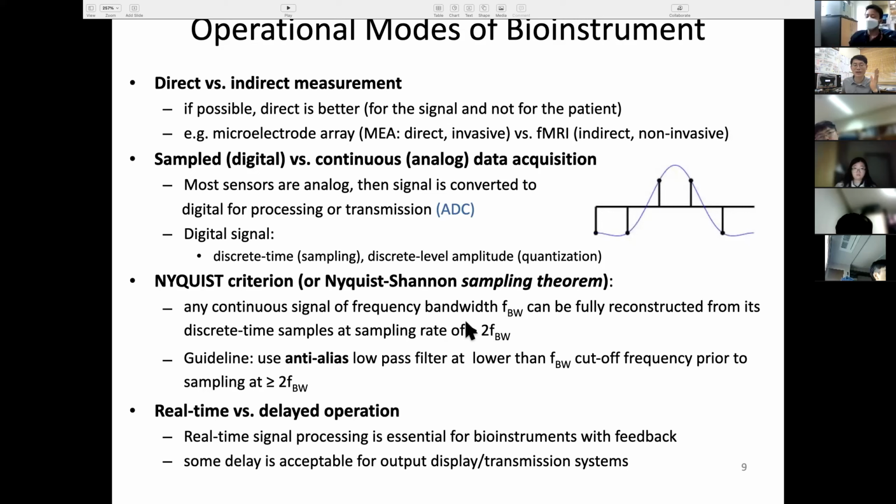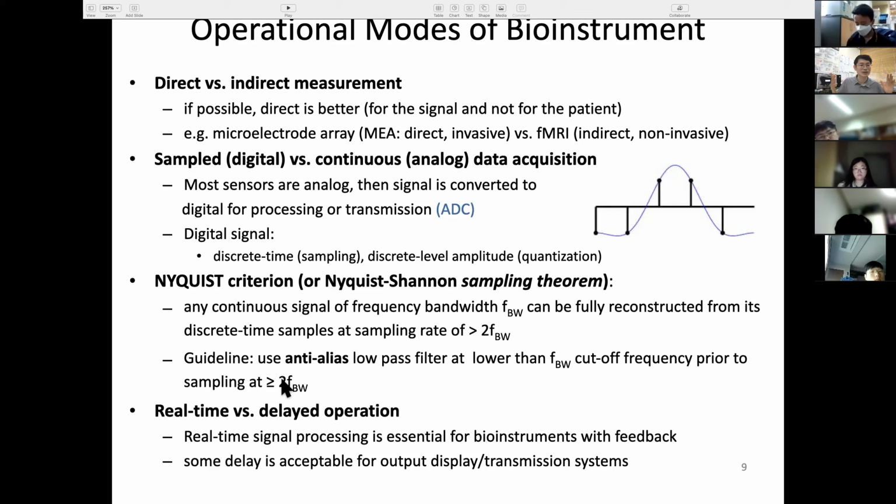To prevent this aliasing, there's a guideline and an easy way to reduce or remove it. We call that an anti-aliasing low-pass filter. So let's say your instrument has a sampling rate of 2 times the bandwidth, let's assume. But in general, an analog signal can have a vast range of frequencies, in fact.